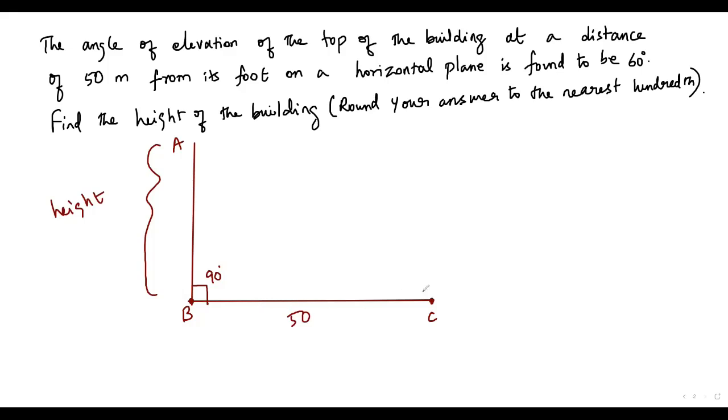So here at the point which is 50 meter away from the foot of the building, the angle of elevation to the top of the building is 60 degree. So now let's draw a 60 degree angle measure at C, because the question says the angle of elevation of the top of the building at a distance of 50 meter from its foot.